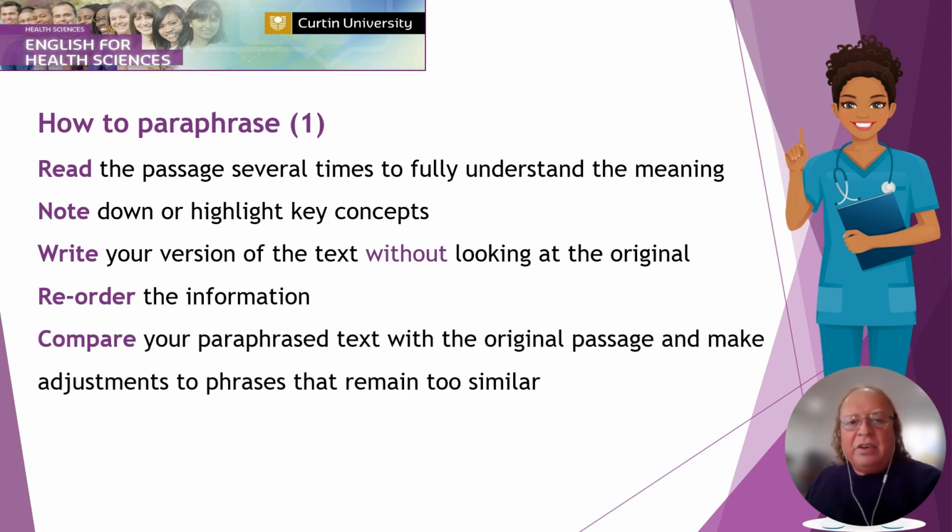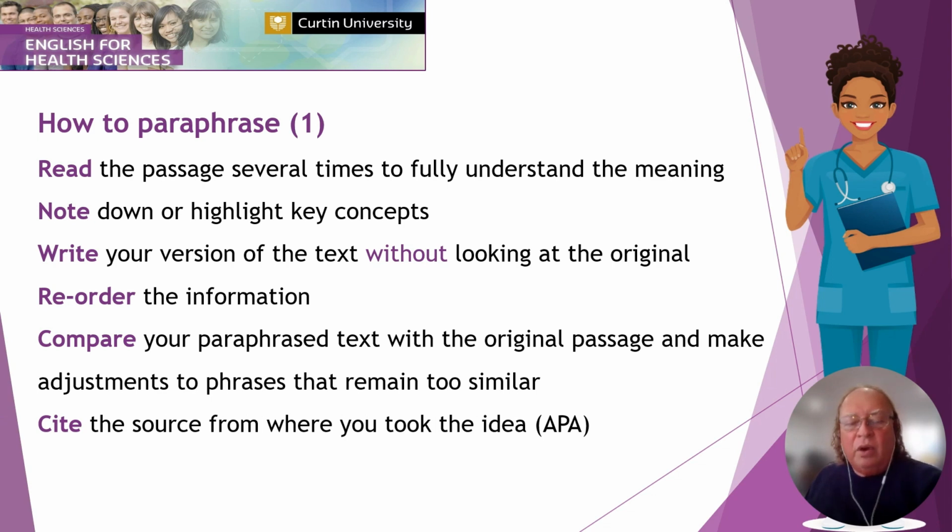We'll look at this later on. We really need to compare our text with the original text, and then we fine tune it. We can see elements that are not quite the same or too close. And of course, we do need to cite the original.